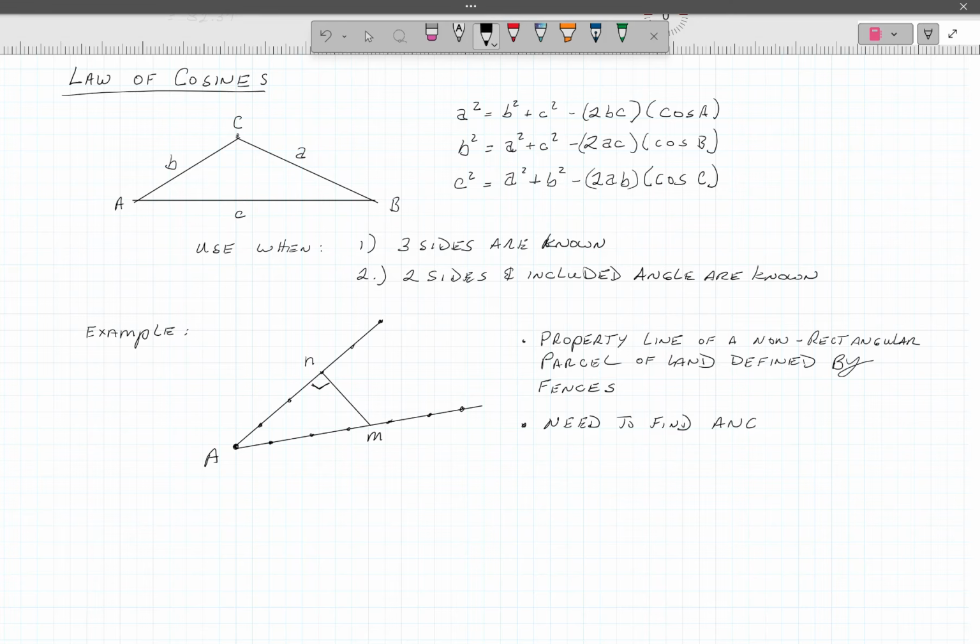Okay, and we're going to need to find the angle at the corner, to compute the area of the parcel.